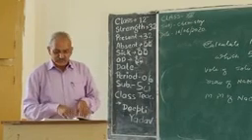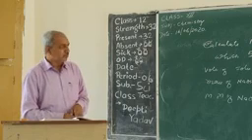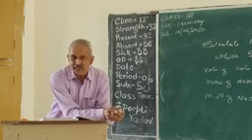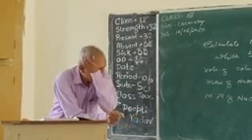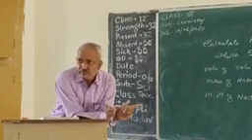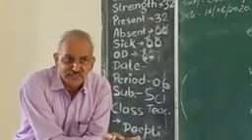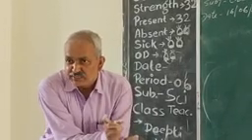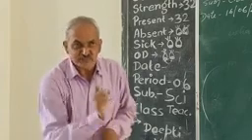So what is solubility? Solubility is the maximum amount of solute that can be dissolved in a specified amount of solvent at a specific temperature. You all know, but I told you the solubility is of solute. Solubility of solute in solution is defined as the maximum quantity of solute that can be dissolved in a specified amount of solvent at a specific temperature.